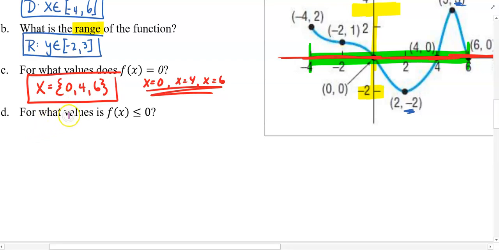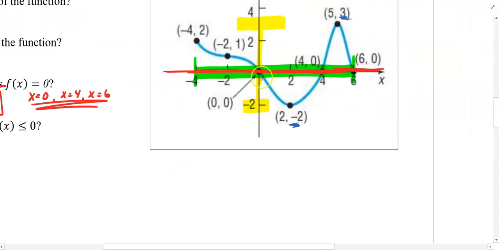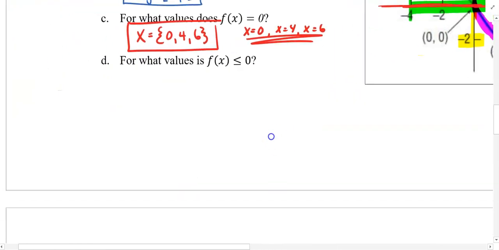Now for part D, for what values is the function less than or equal to 0? Well, now we're talking about an interval of numbers, because we have this whole section here in purple that has a function result that's less than or equal to 0.